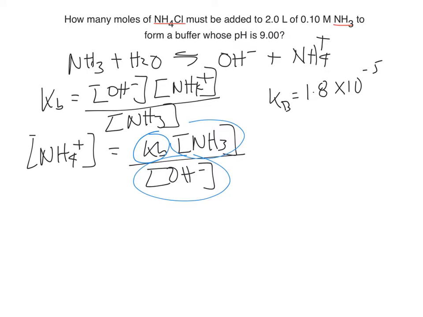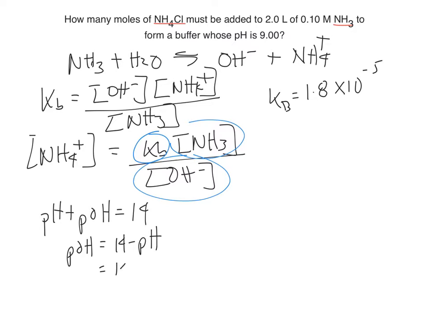In the pOH. So we know that, for example, pH plus pOH is equal to 14. So pOH is going to be equal to 14 minus the pH. So pOH will be equal to 14 minus 9.